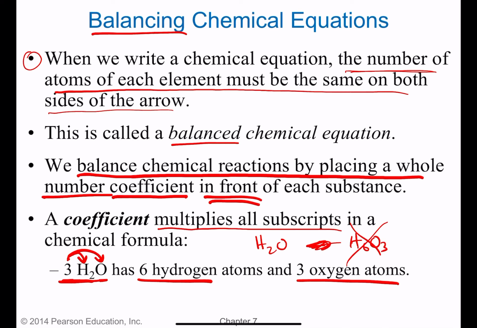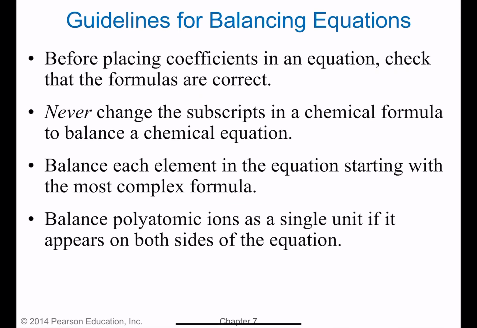We only put whole numbers in front, and we call those coefficients, to indicate if we need to have more atoms on either side. So before placing, and these are guidelines or tips for balancing, I would call them more like just tips or recommendations, but before placing any coefficients, so before you even attempt to balance a chemical equation, double check that all the formulas are correct.